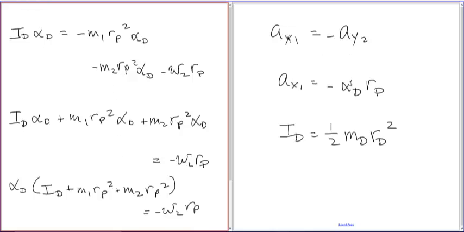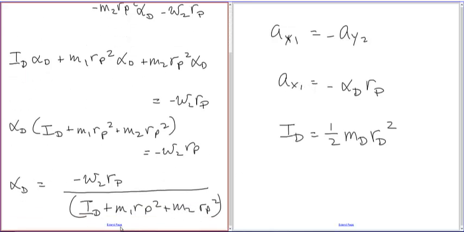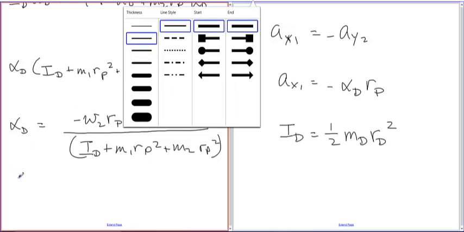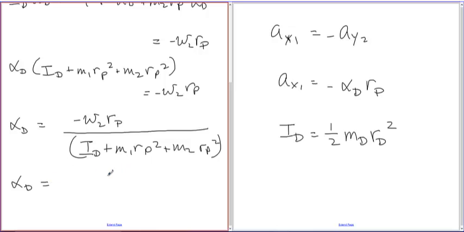Let's go ahead and calculate, let's say, a sub x1. So what would you do? All you have to do is take this and multiply by negative alpha for the disk, r for the pulley. So you get W2 r the pulley times negative r the pulley.